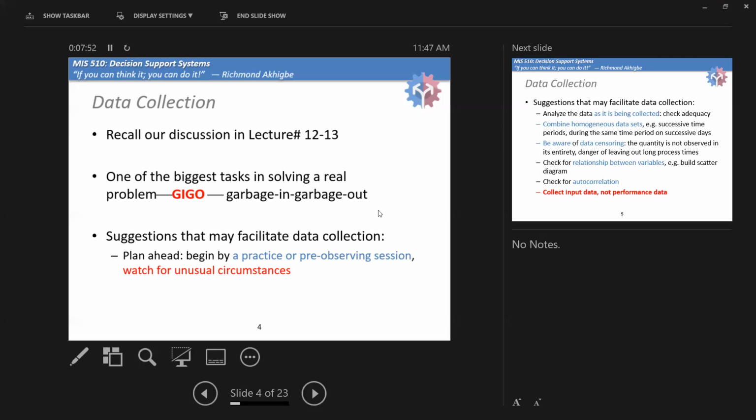Dry run means you don't just go there and start observing. You actually go there and do 1 or 2 test runs, which means that data is not included in your analysis. Why do you do that? Because people have faced problems, even in our projects. They say we sat in a place and we were unable to see the customers properly.